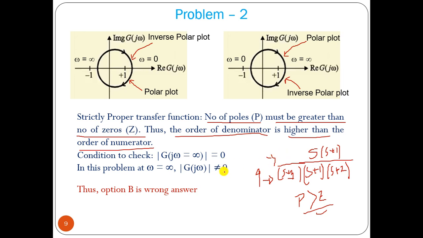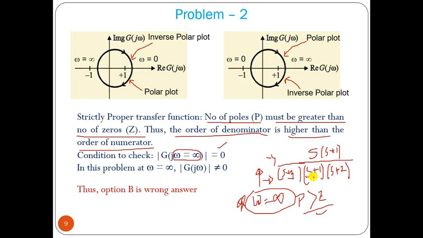Now in this case, what you have to check is what will happen when omega equals infinity. If this is a strictly proper function, the magnitude of the transfer function at omega equal to infinity should always be equal to 0. That is the point.